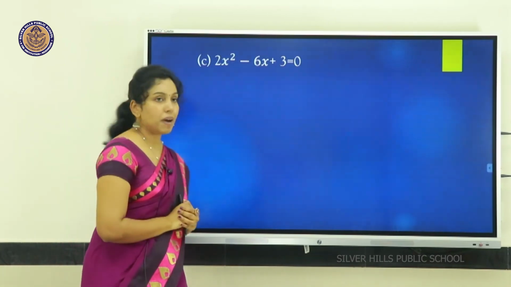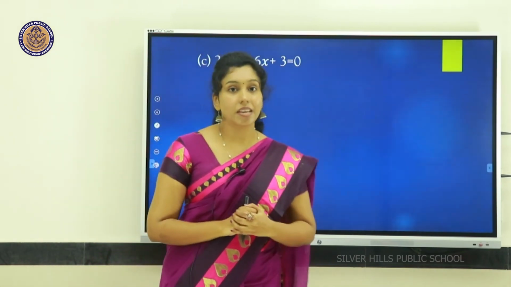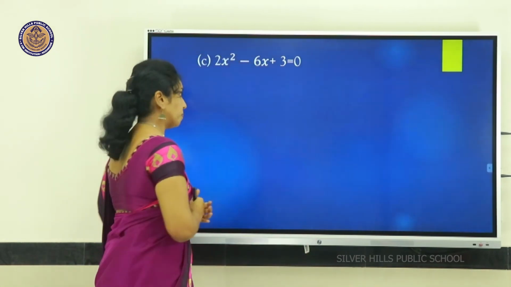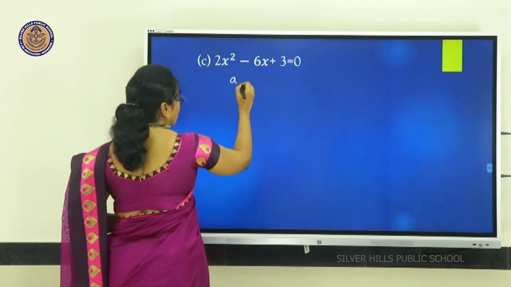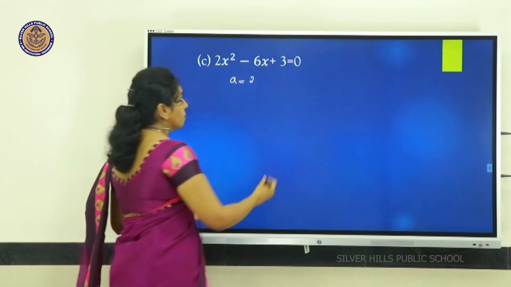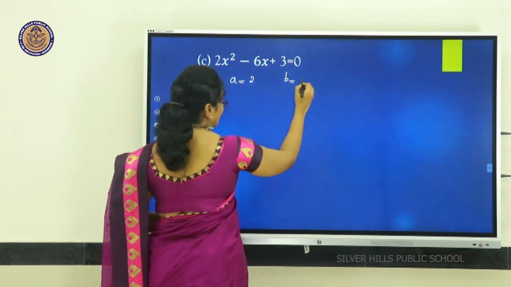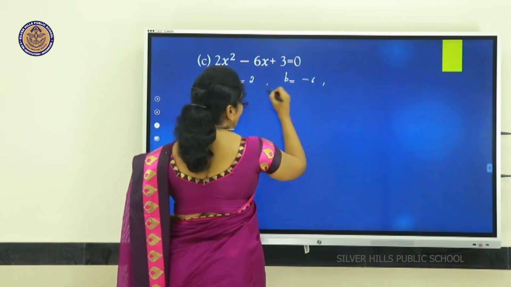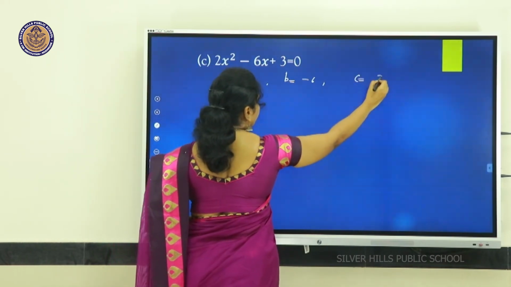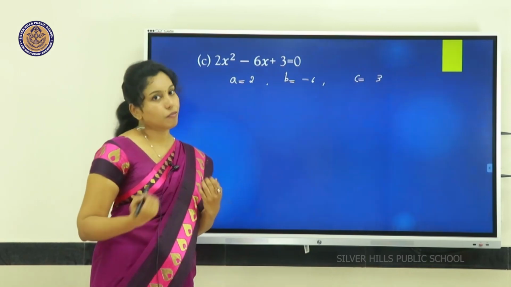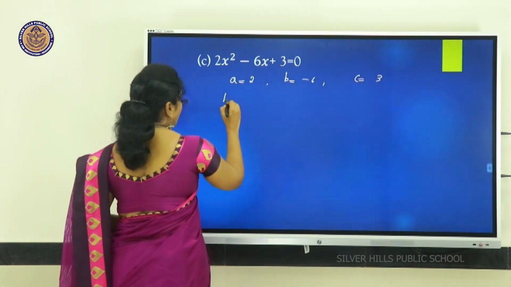2x square minus 6x plus 3 is equal to 0. A equals 2, B is equal to minus 6, C is equal to 3. We find B square minus 4AC.